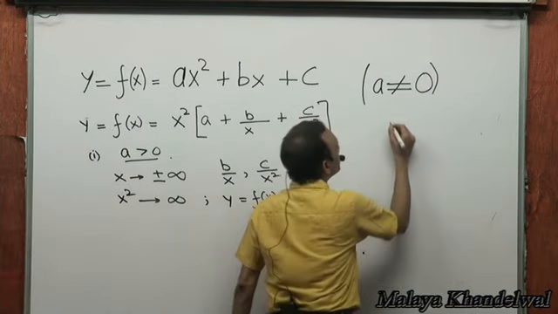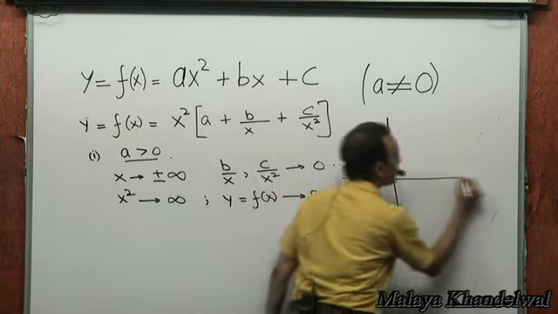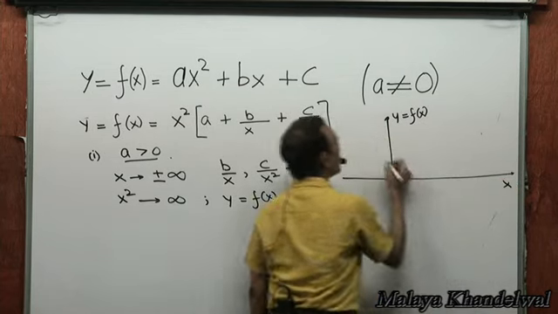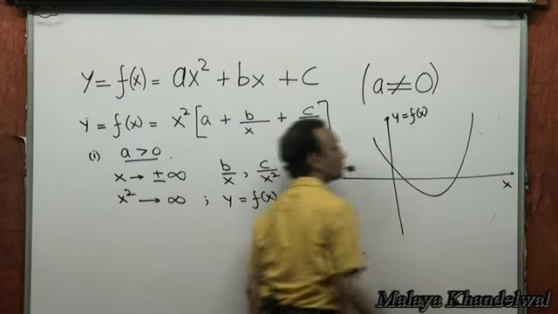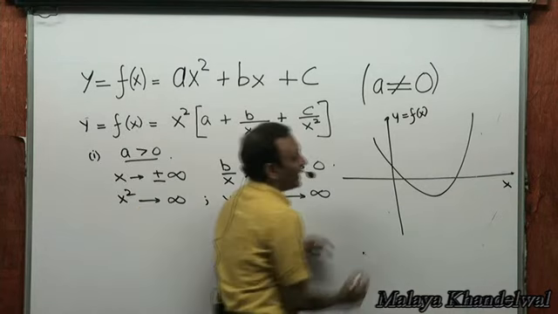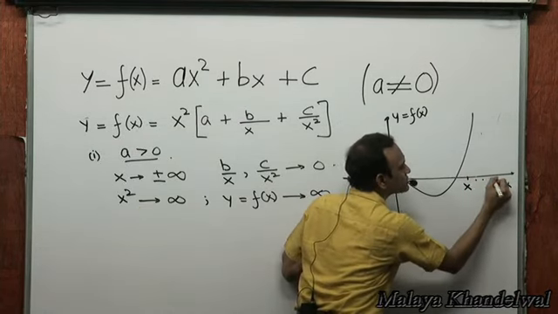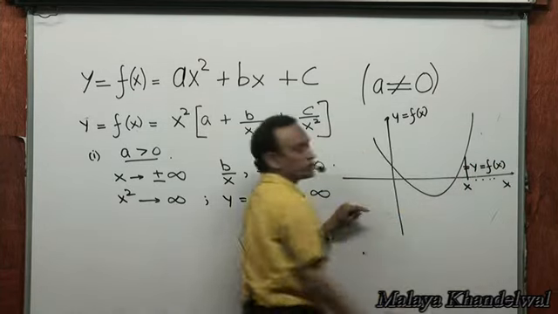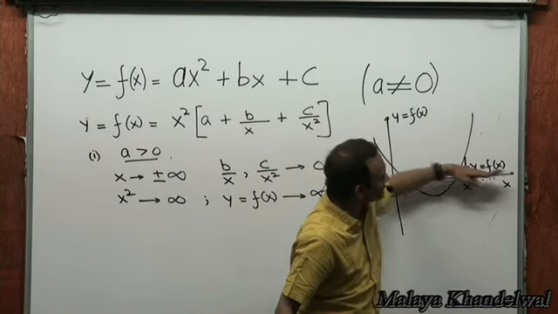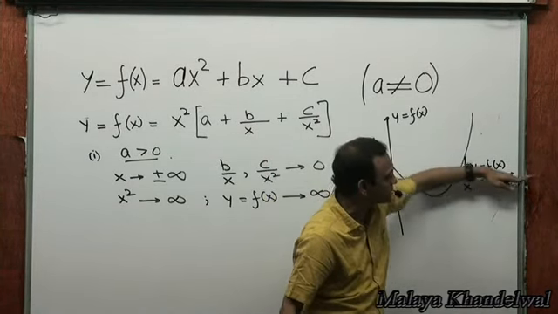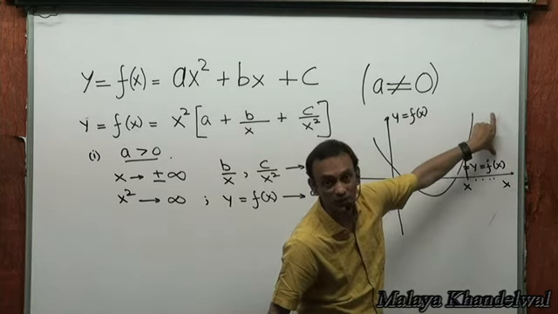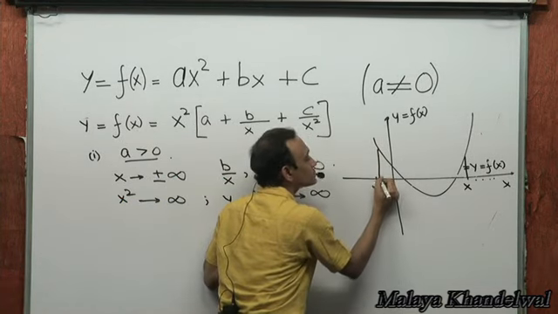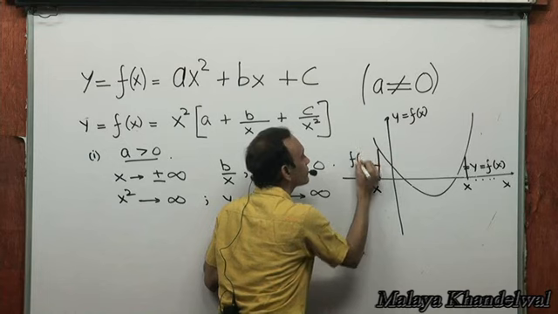Now, very clearly, if the parabola is upward opening, say something like this, as x becomes larger and larger, what happens to y? This is y, which is a function of x, the value of the quadratic at x. As you keep moving to the right, that means as x becomes numerically larger and larger, y tends to plus infinity, right? Also, this is x, this is y, which is f(x).